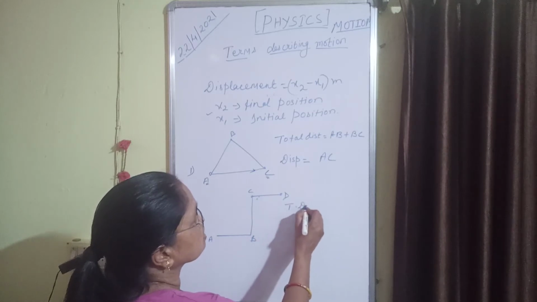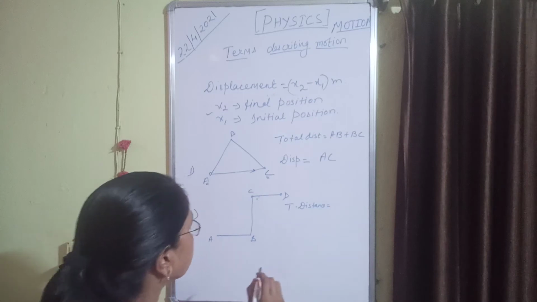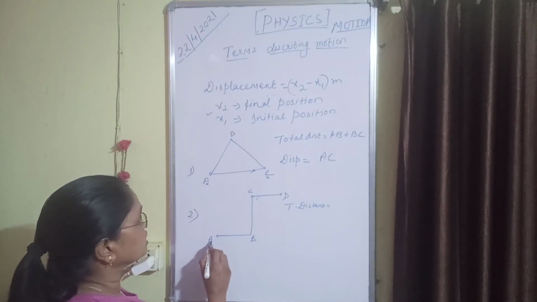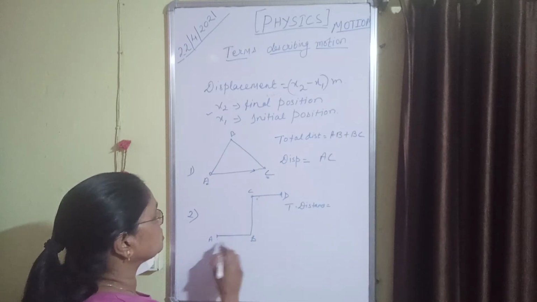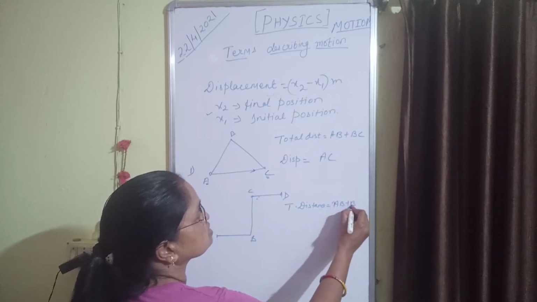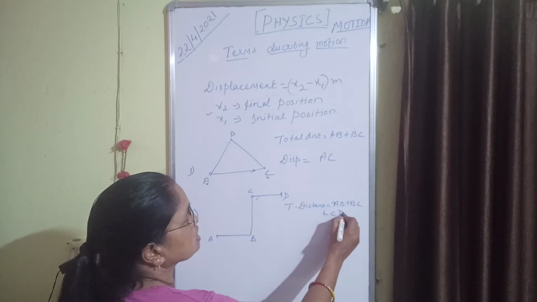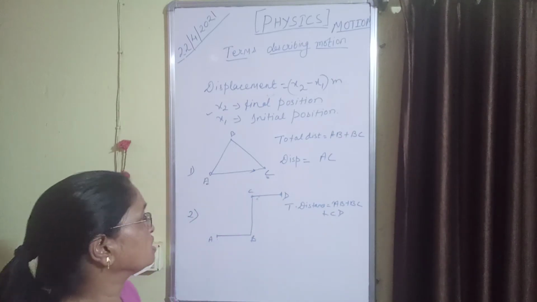Total distance is equal to, we will start from the initial position. So the initial position is A and the final position is D. So we can write AB plus BC plus CD. This is our total distance covered or total length covered.